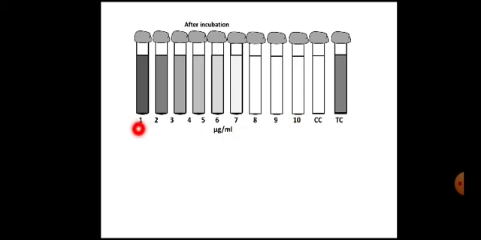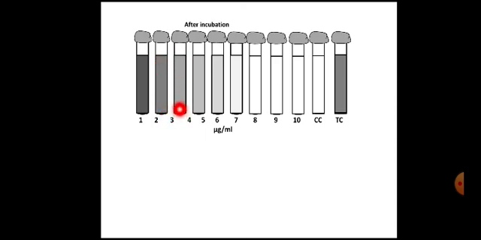Okay, so obviously when we go from low concentration to high concentration, you will find that the growth of the test organism will decrease. So you can see in this result, tube number 1 is showing turbidity. Tube number 2 is showing turbidity, means dilution of antibiotic is not sufficient enough to inhibit the growth.